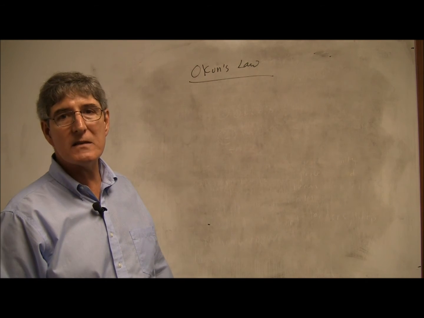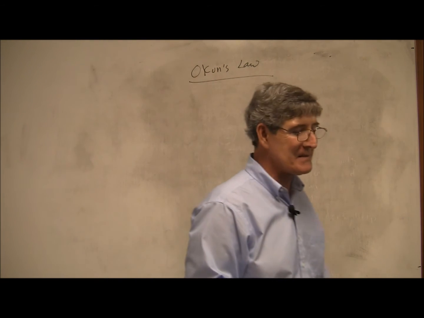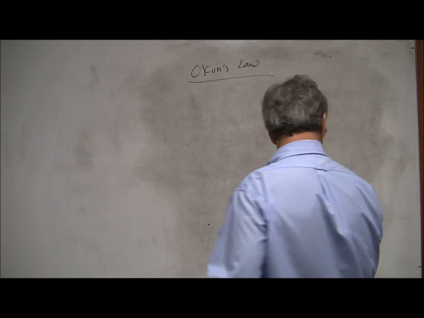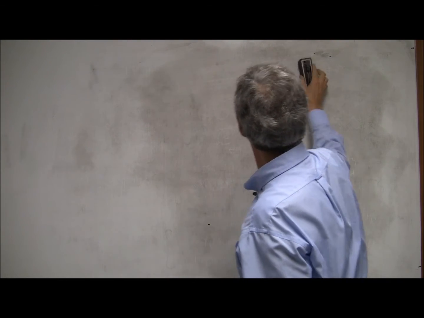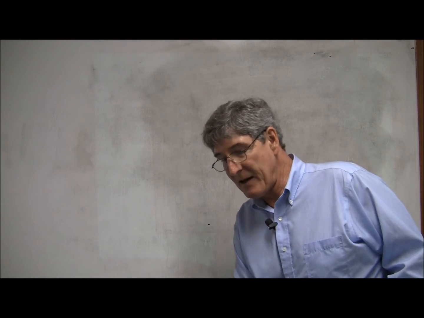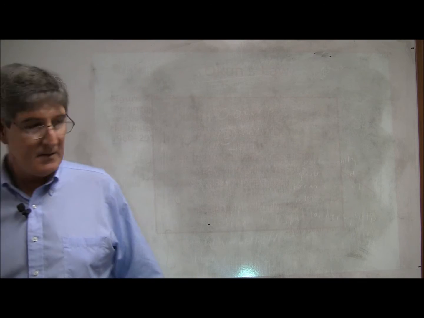Let me start this off by, sorry to do this, pulling up another graph. And this is a graph showing Okun's law. If we can get past the silly filter message, and we will.